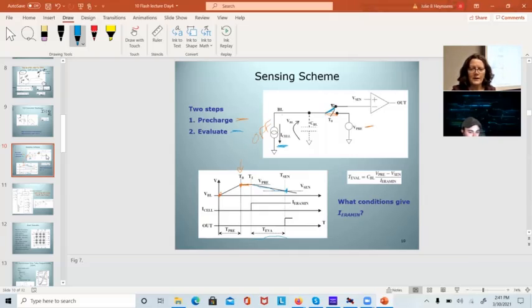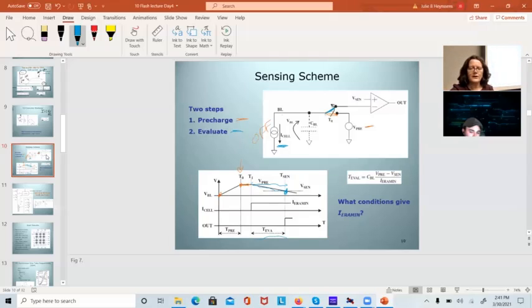Because I know if this discharges, I have current flowing. I have turned that floating gate transistor successfully on. If it doesn't discharge, that means that transistor was off, and this voltage is in theory going to stay up at whatever the pre-charge value is. So we pre-charge it and we either decay it with the capacitance or not.